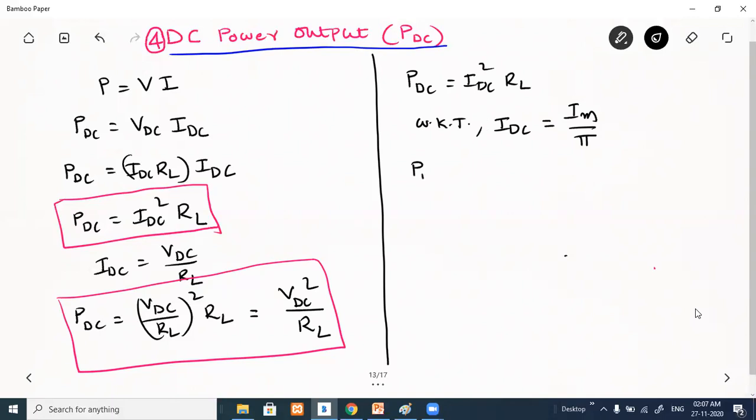Then PDC becomes Im by pi whole square into RL. That is also equal to Im square RL by pi square. So that is PDC in terms of Im.